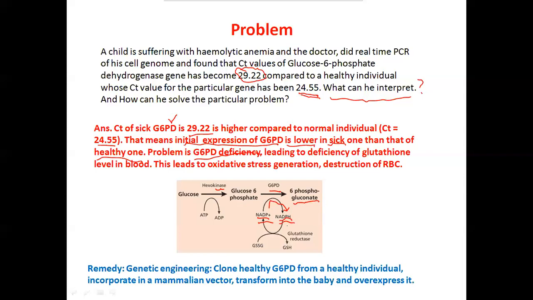This NADPH supplies this hydrogen to oxidized glutathione to convert it to normal glutathione, because in oxidized glutathione there is one disulfide bond like this. In normal glutathione there is SH.